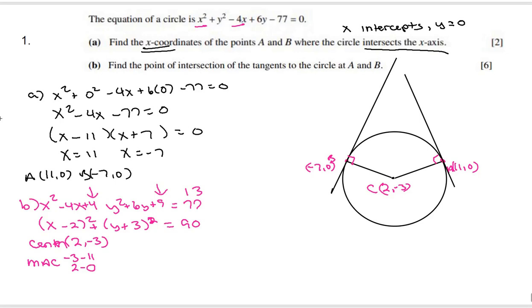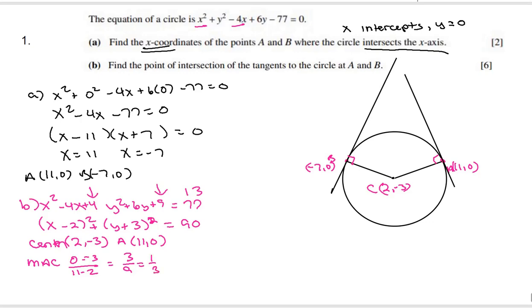Nope, I've screwed this up. Let's try this again. The center is 2, -3, and A is 11, 0. So y2 minus y1 is going to be 0 minus -3, and then 11 minus 2. What I'm going to get is 3 over 9, which is 1/3.